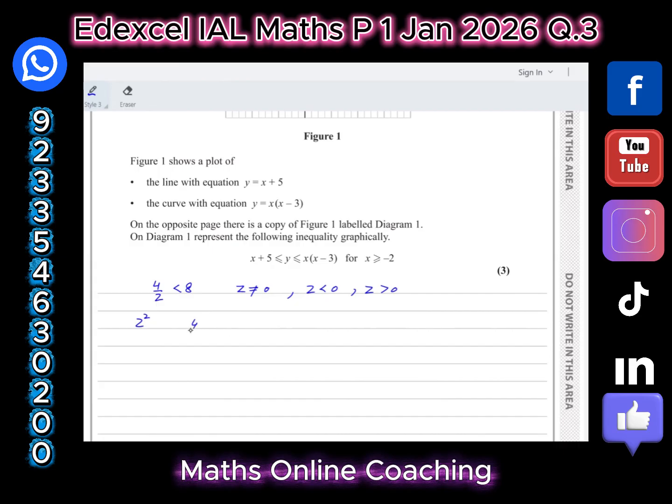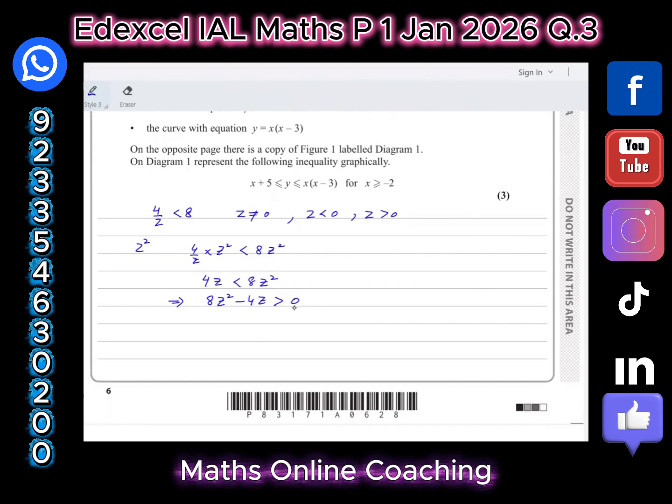Multiply the inequality by z square: 4 by z less than 8 gives 4 times z less than 8 times z square, which is 8 times z square minus 4z greater than 0.